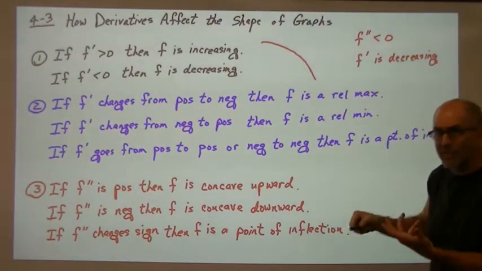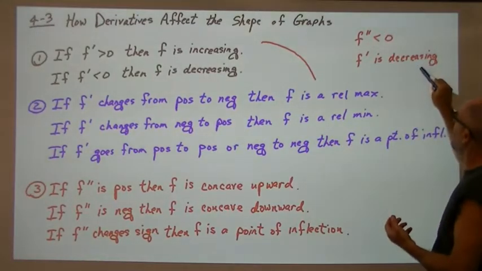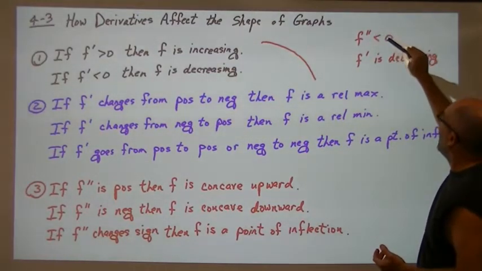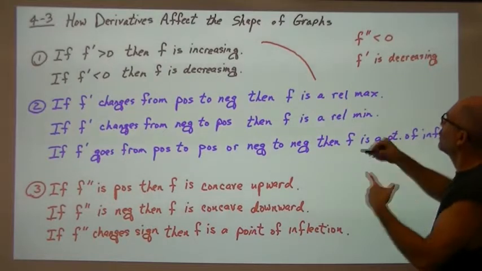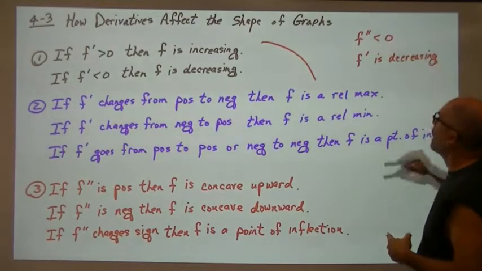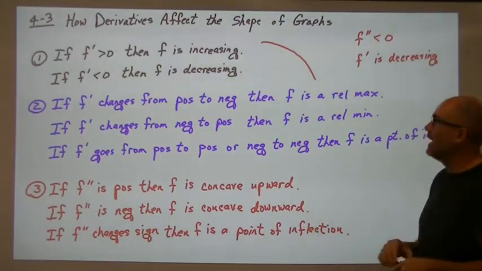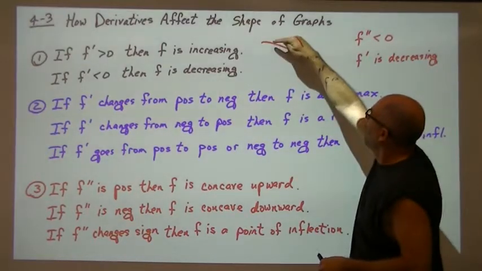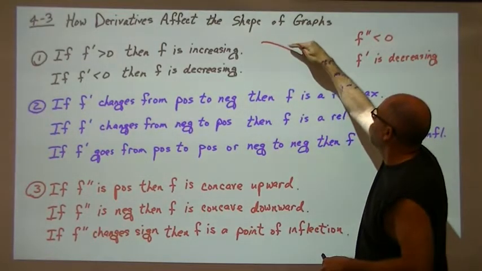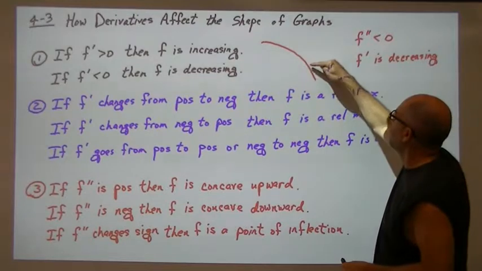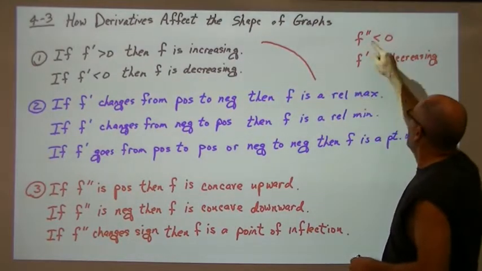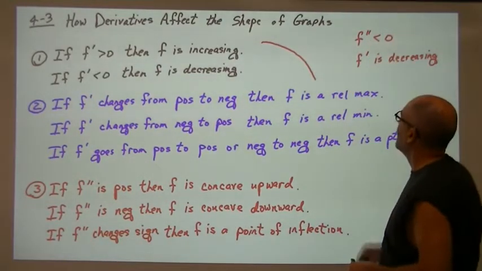That means it's decreasing. Now, if f prime is decreasing at a greater and greater rate, then f double prime is negative. What this is saying is this slope is getting steeper and steeper in the negative direction. F double prime is negative.